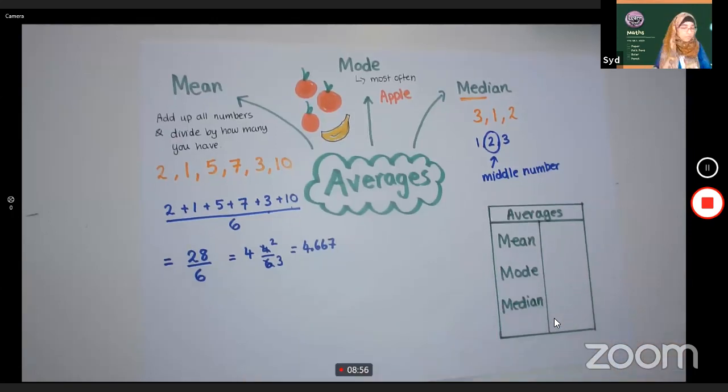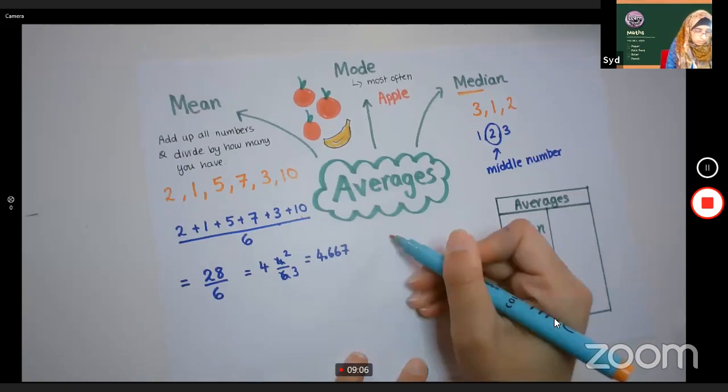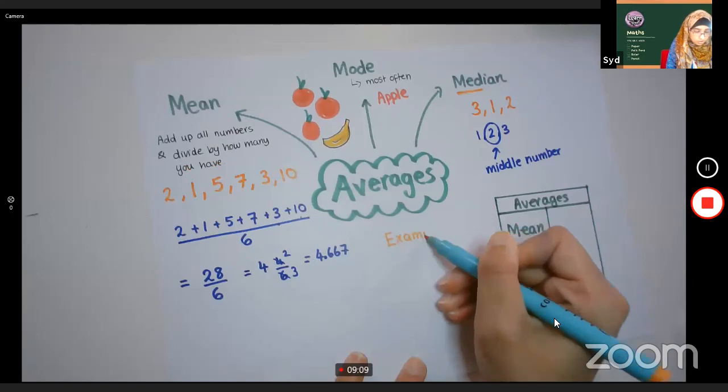So our example now is going to be, I'm going to get a different color. These are the questions.